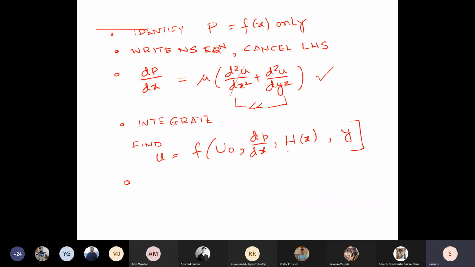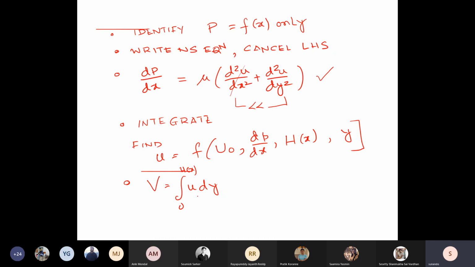Once we do that, this integration can be obtained, and the next step would be V, the volumetric flow rate per unit depth, which is the integral from 0 to H(x) of u dy, substituting the expression for u from here.